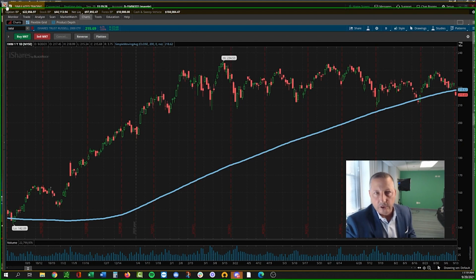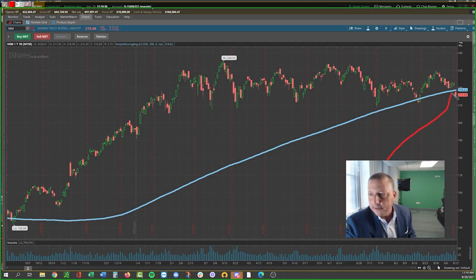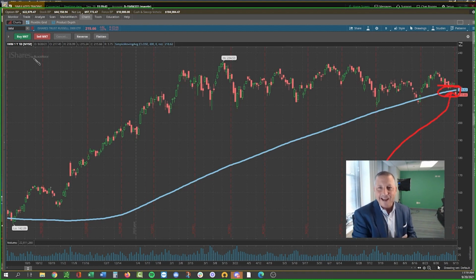Now, is there another opportunity setting up here? You bet. We see IWM trading right back down to that 200-day moving average here, which, based on prior historical data, is support. Does that mean that we necessarily want to take an upside position, a bullish position?